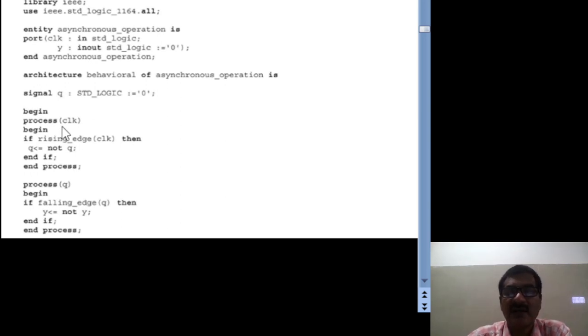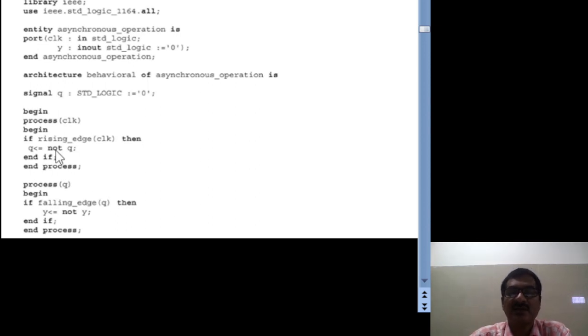But Y equal to not Y is not synchronized with the clock signal. It is with reference to Q. When an event happens in Q, only then will the statement Y equal to not Y be executed. That is, not both statements are with the same clock signal.